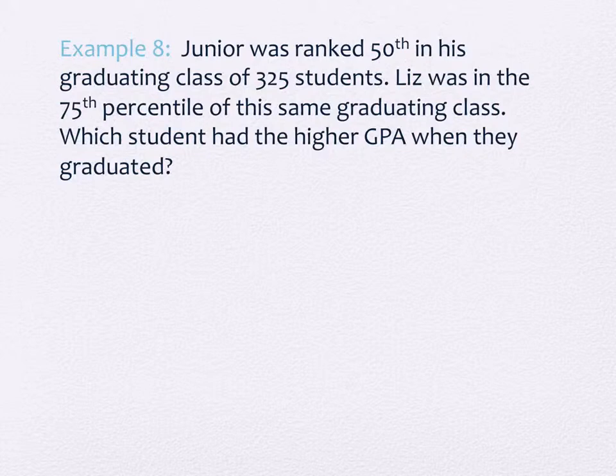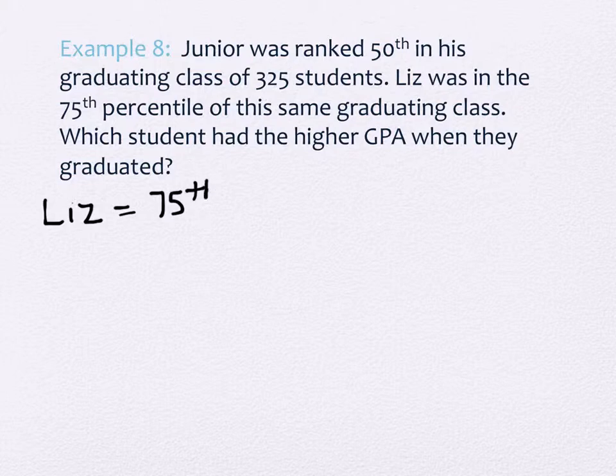All right, so we can do one of two things. We can either turn Junior's ranking in his class into a percentile, or we can turn Liz's percentile into a ranking. So first I'm going to turn Liz's percentile into a ranking, and that's actually enough, but I also want to show you that we could have done it the other way. So Liz is currently at the 75th percentile.